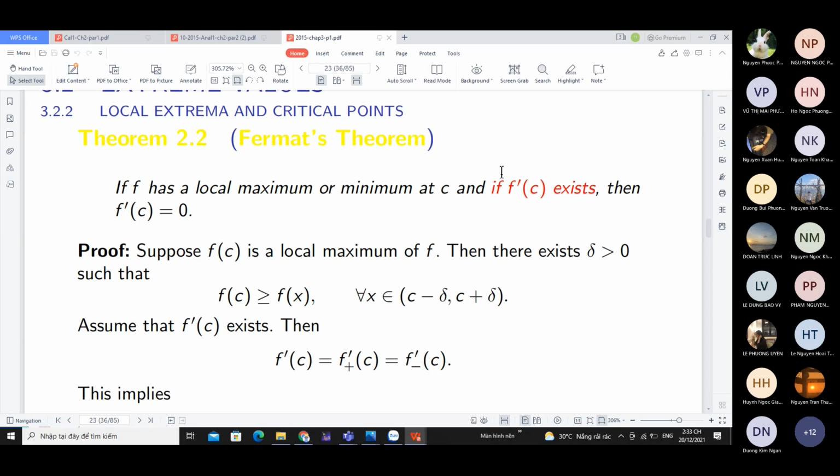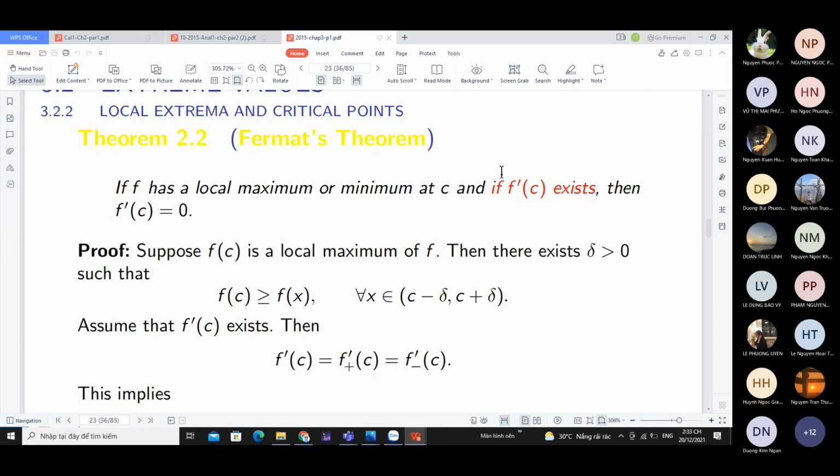And that's why, when we find a maximum value and a minimum value of a function f, we pay our attention to some number c at which either f prime of c does not exist or f prime of c equals 0.